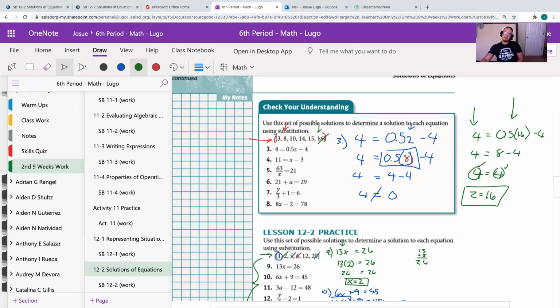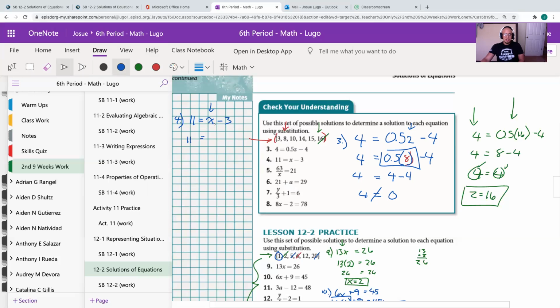I'm going to cross it out, because the good thing about this exercise is that we're only going to use them once. Let's try number 4. Number 4 is a lot easier in my opinion. We have 11 is equal to x minus 3. Out of these 5 numbers that are left over, which one can we substitute for x so that this right side is also 11, just like this left side is 11?